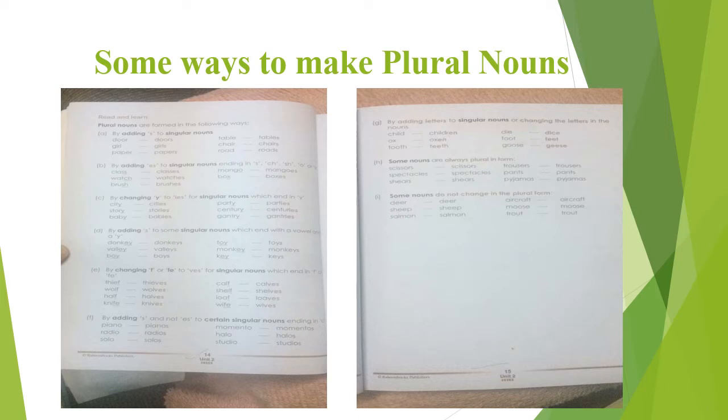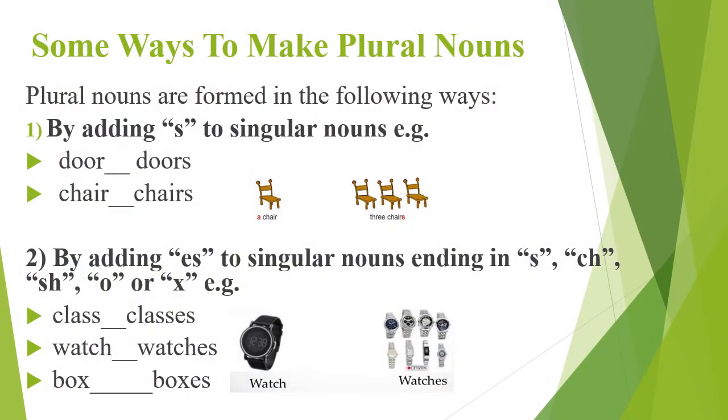Dear students, now we will discuss some ways to make plural nouns. They are given in your book on pages 14 and 15. Some ways to make plural nouns. Plural nouns are formed in the following ways.